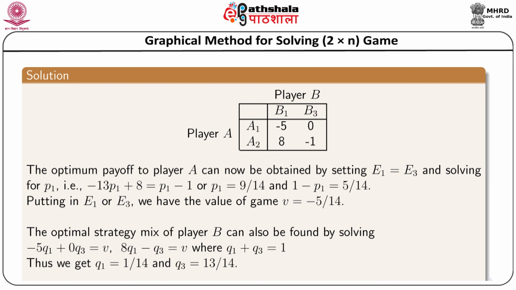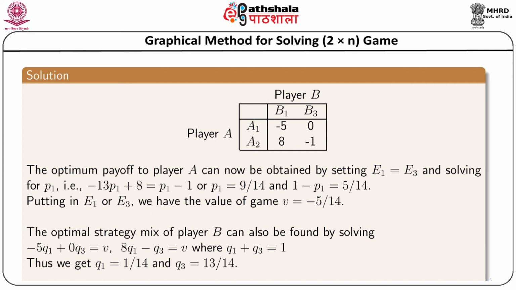So, in order to find the optimal strategy, we will consider equating the expected gains E1 and E3, and then solving for P1, which gives P1 equal to 9 by 14 and P2 equal to 5 by 14. And from this we can get the value of the game V as minus 5 by 14.